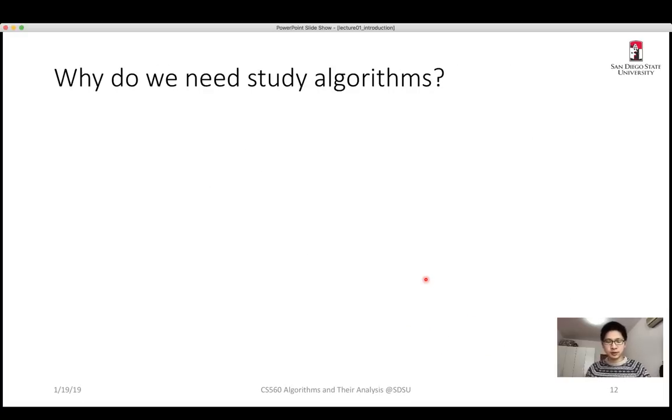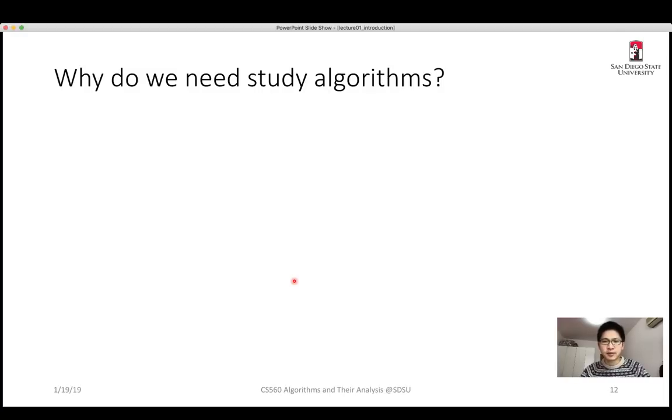Okay, so having seen so many examples of computational problems and the corresponding algorithms that can be used to solve them, we want to look at the question of why we need to study algorithms. As we have mentioned before in one slide, we care about correctness, right?